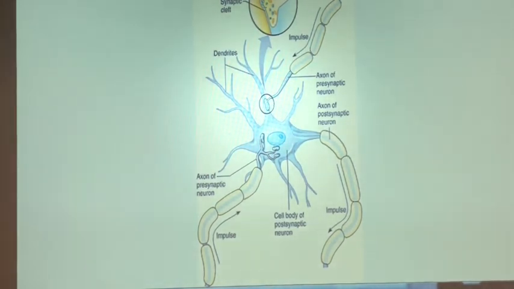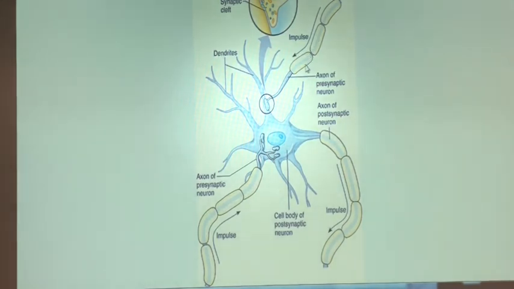Of course, nerves need to communicate with other nerves. Just like a nerve communicating with a muscle, when nerves communicate with other nerves, we have these synapses, and the synapse has this gap or this synaptic cleft. So we're going to send a nerve impulse down this particular axon.